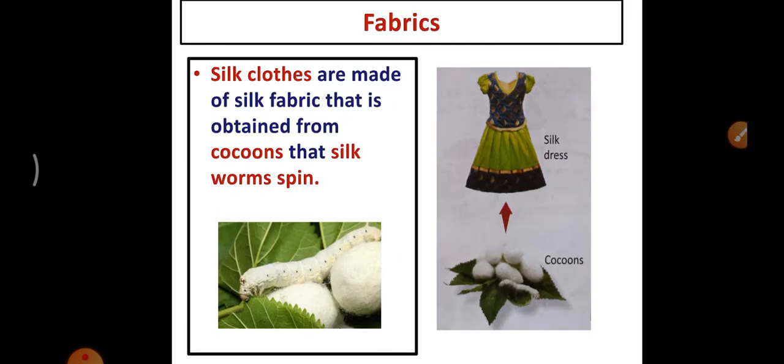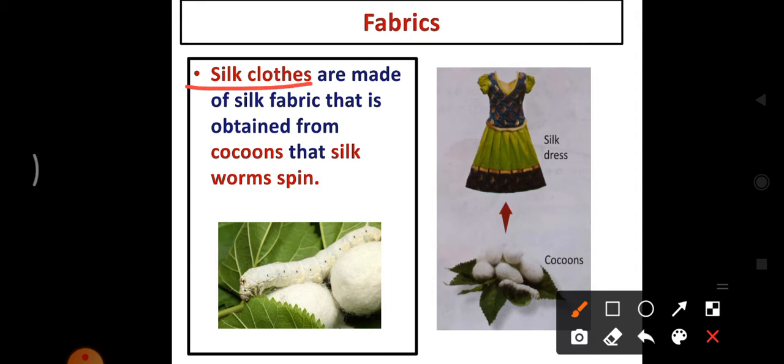The next fabric is silk clothes. Silk clothes are made up of silk fabric that is obtained from the cocoons that silkworms spin. See here, this is a silkworm. This silkworm spins the cocoons. From the cocoon we can get silk thread or silk fiber.